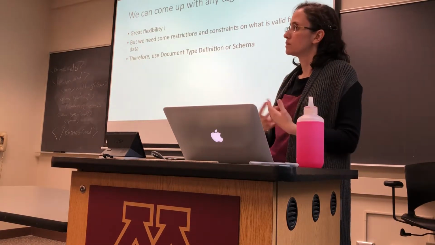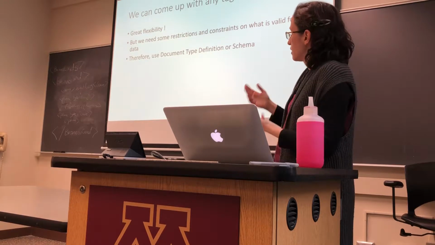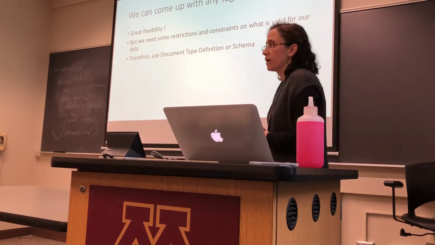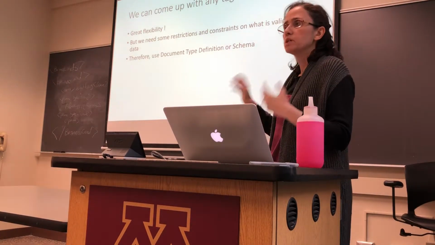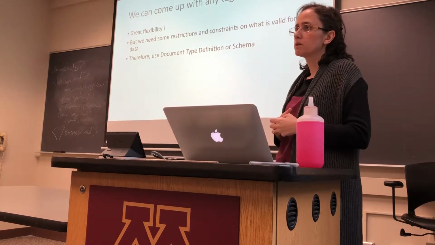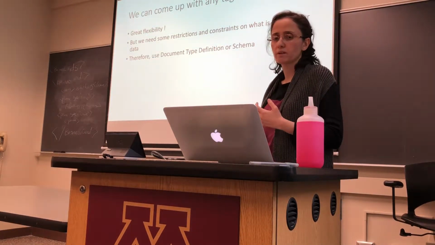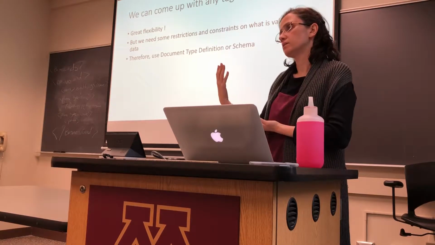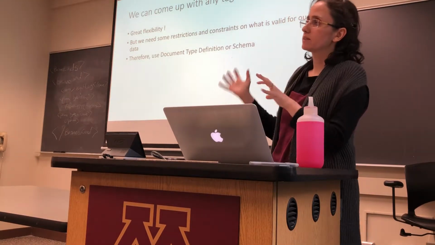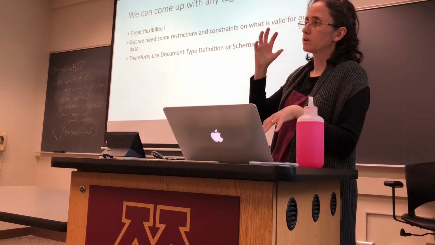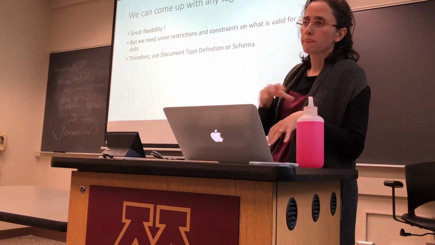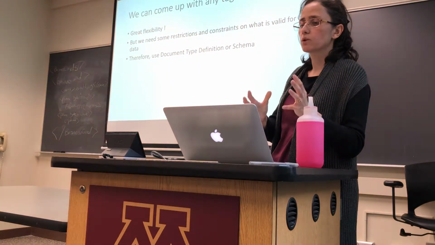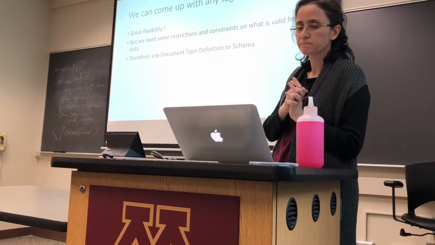You don't want mismatches between them. Maybe they name the phone something else, telephone or whatever. So you would want to impose some constraints on your XML. So the price of flexibility is that you have to make this new document, which describes the rules over any XML code that you want to deal with.